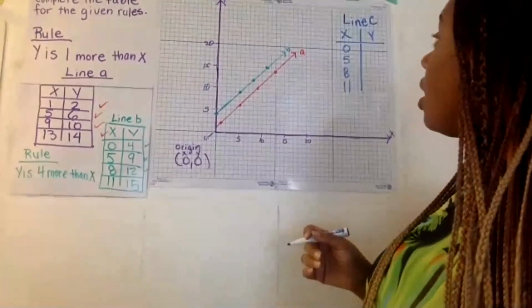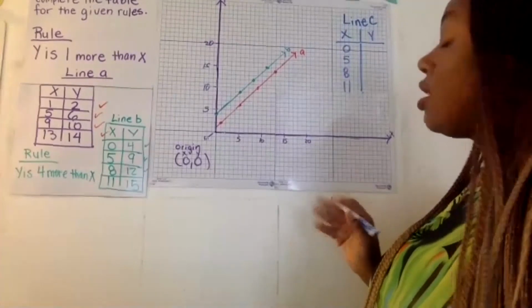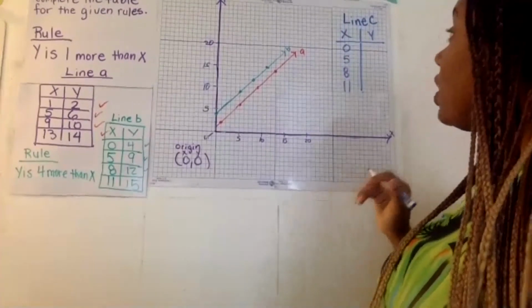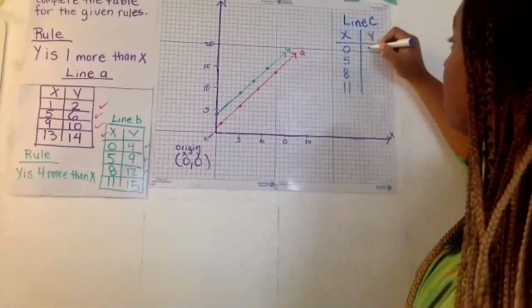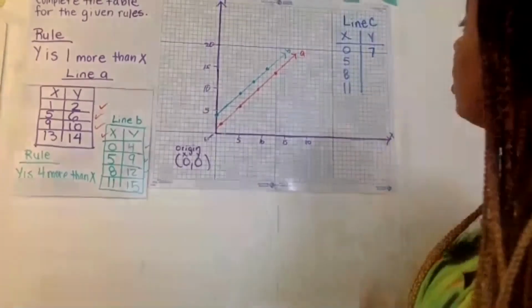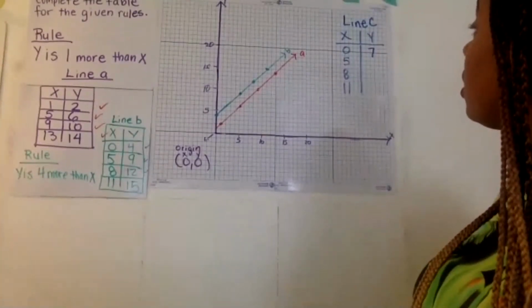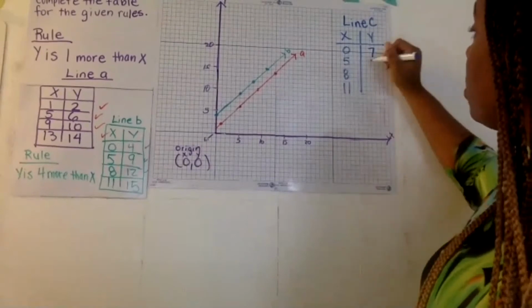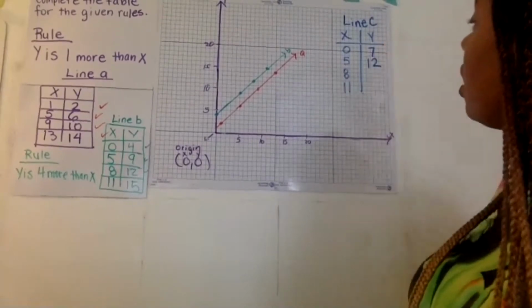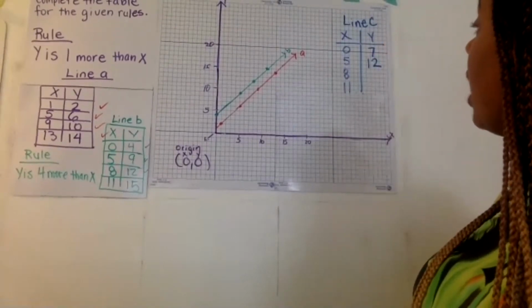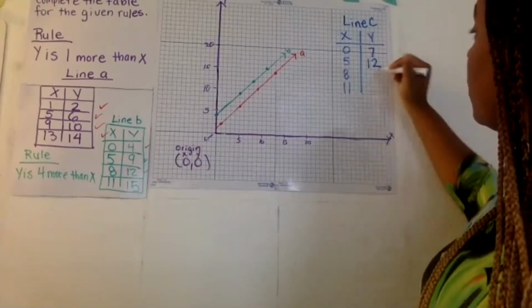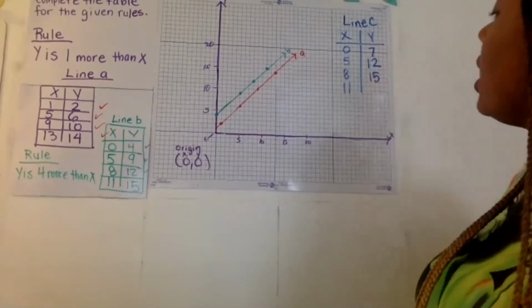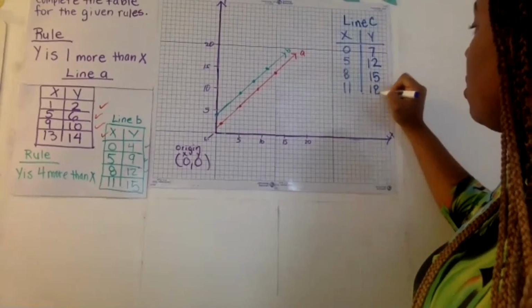So y is 7 more than x. So 0 plus 7 is 7, 5 plus 7 is 12, 8 plus 7 is 15, and 11 plus 7 is 18.